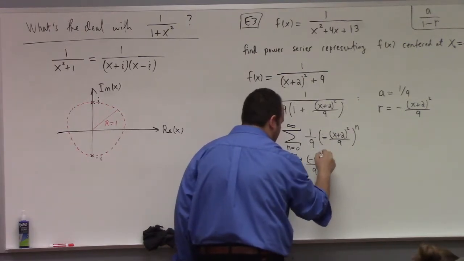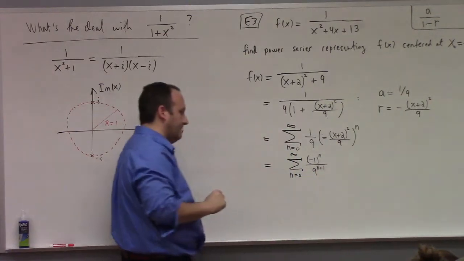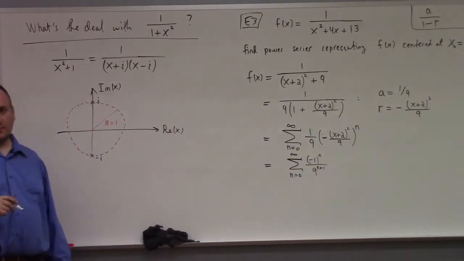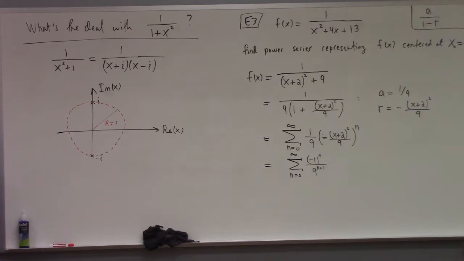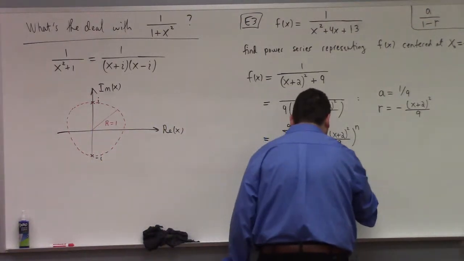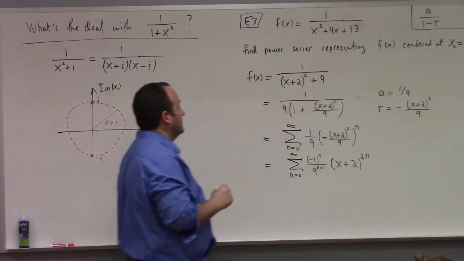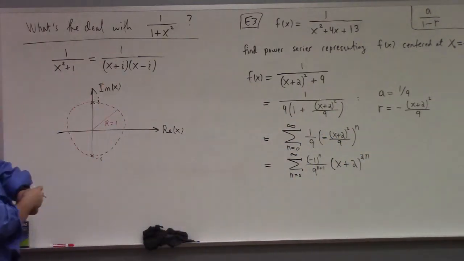How about 9 to the n plus 1, yeah? And then we still got an x plus 2 to the 2n. There we did. Bingo, there it is. We found a power series representing f of x as given, centered at minus 2. That is it. Yes, sir?